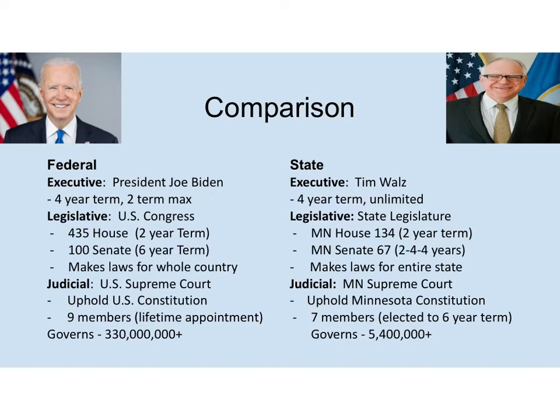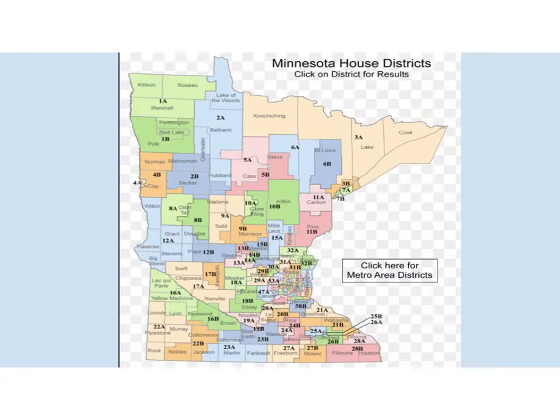After that term would end, they would be up for re-election. The Minnesota state government governs the 5.4 plus million people that live in our borders. Here is a map of Minnesota broken down by the Minnesota House districts.